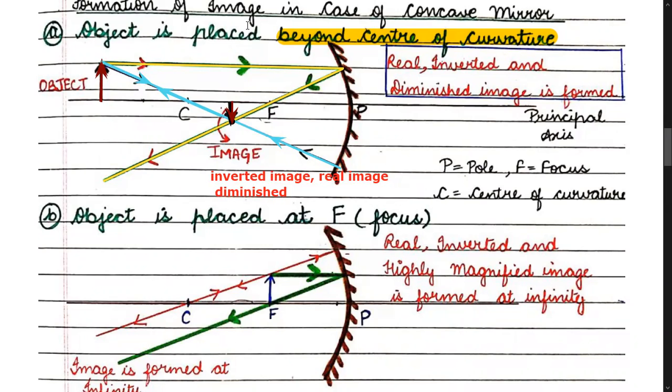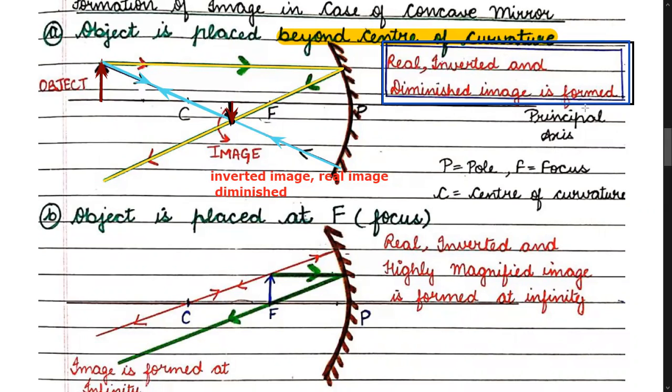So students, these 3 points are known as characteristics of the image formed. That is, what kind of image is formed? So the image formed is real, it is inverted, and it is a diminished image when the object is placed beyond the center of curvature.